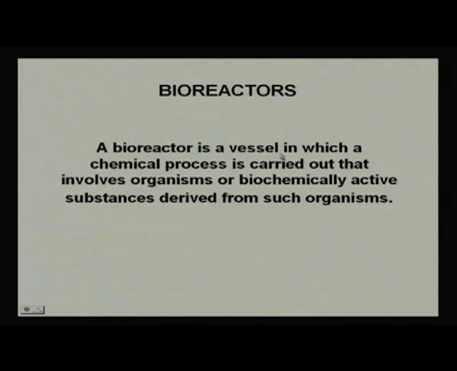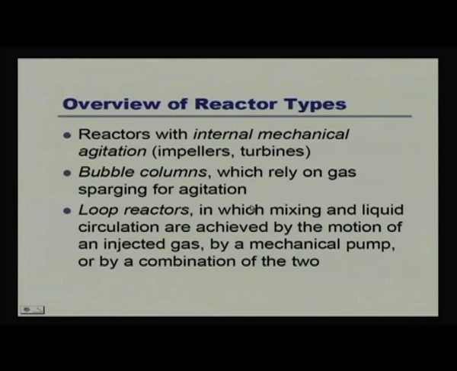Now, when we are talking about the bioreactor, a bioreactor is a vessel in which a chemical process is carried out that involves organisms or biochemically active substances derived from such organisms. When we are going for reactor selection, there is the reactor with internal mechanical agitation, that is impeller or turbine types.